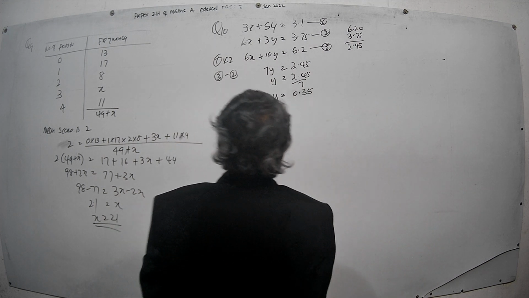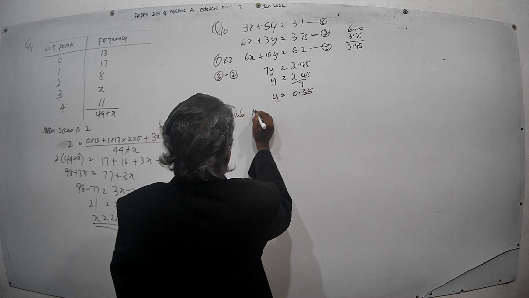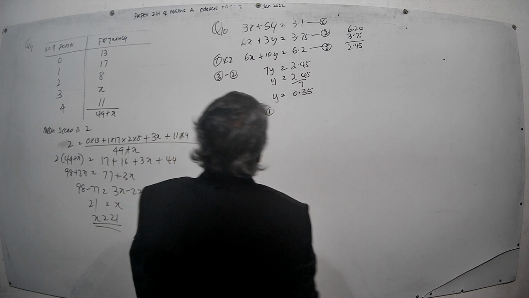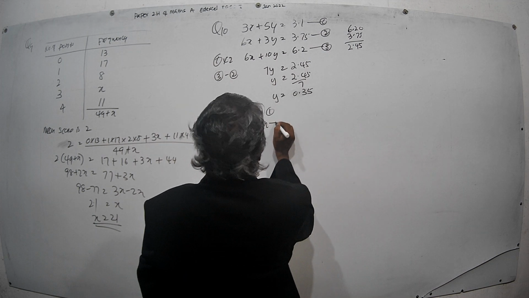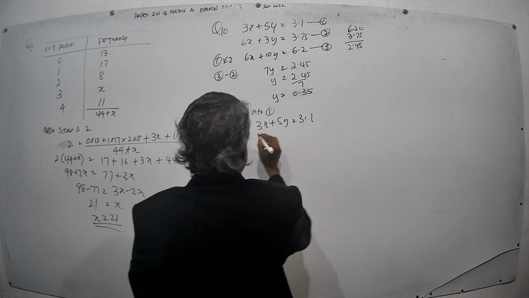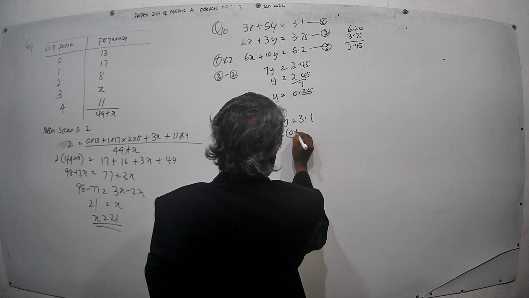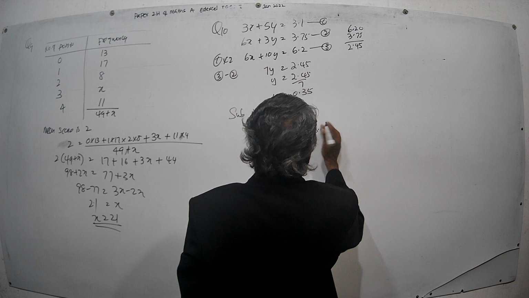Then substitute that into equation 1. Since the y value is given, 3x plus 5y equals 3.1. Substitute: 3x plus 5 times 0.35 equals 3.1.